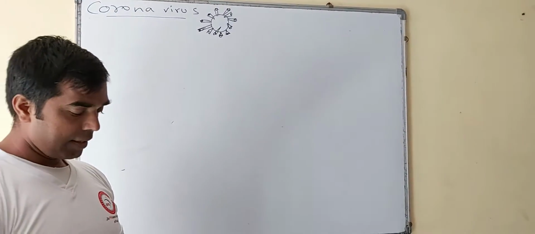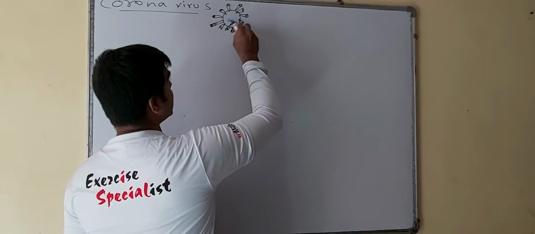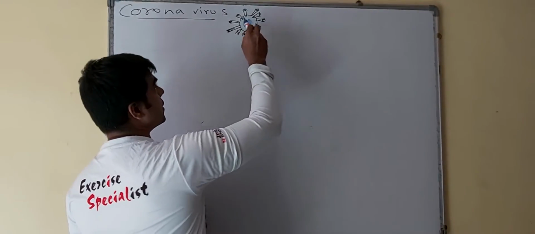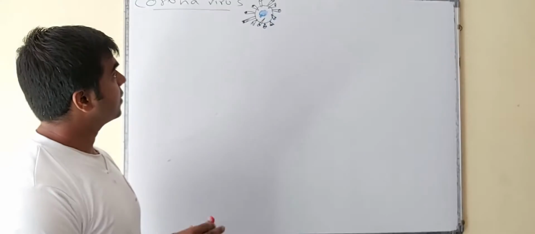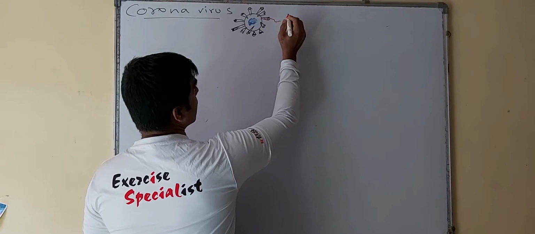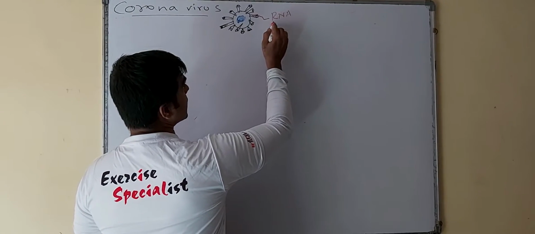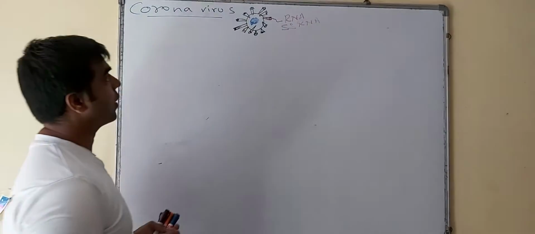And inside this corona we have a protein structure. The protein is inside the capsid, right? And it has its own RNA. It is single stranded RNA. I will explain it further, right?